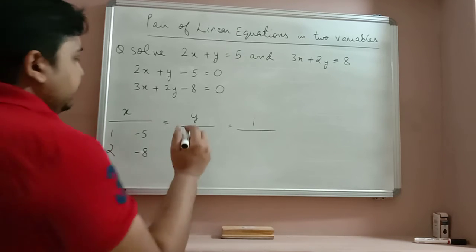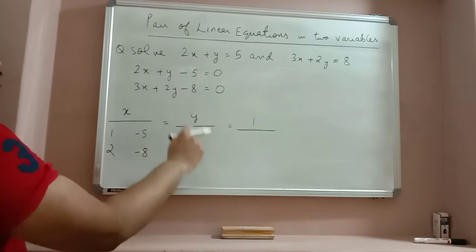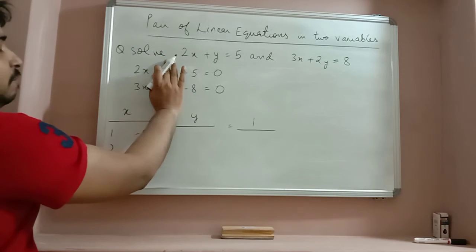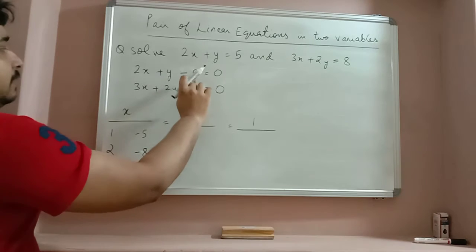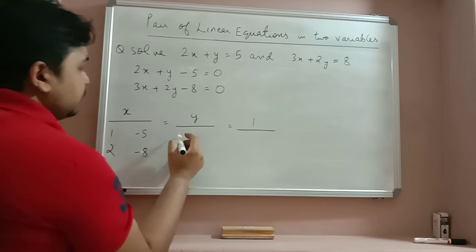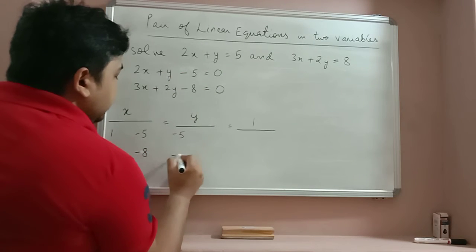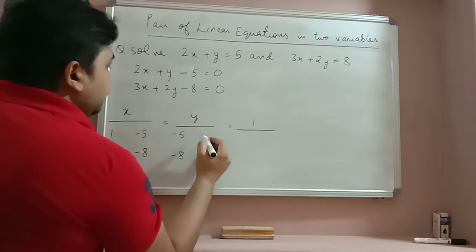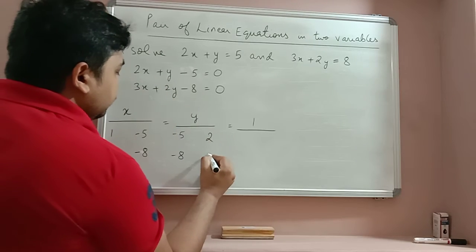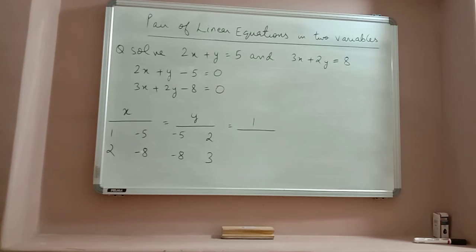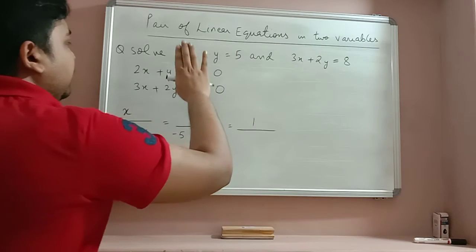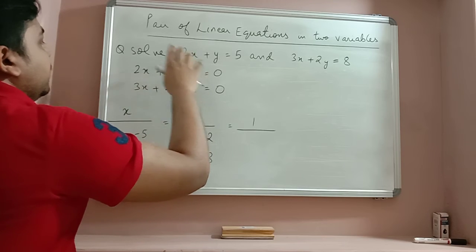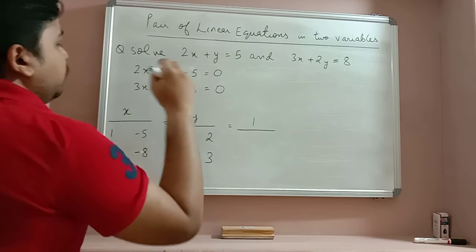Now similarly, on writing below y, I will hide the coefficient of y, and in the correct order, I will write down first minus 5 and minus 8 and then 2 and 3. Now similarly on writing below 1, I will hide the constant terms and write down 2, 3 and 1, 2.